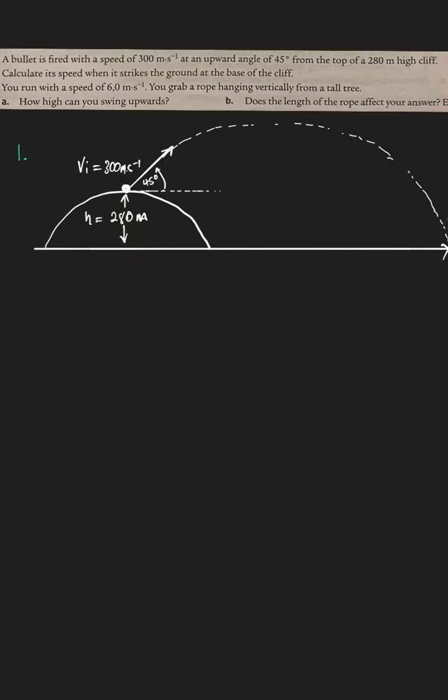The first thing we're going to do is write down our formula. So I know that EM1 is equal to EM2. In terms of mass, because we don't know the mass, when I start, I'm going to start with mgh initial plus half mv squared initial is equal to mgh final plus half mv squared final.